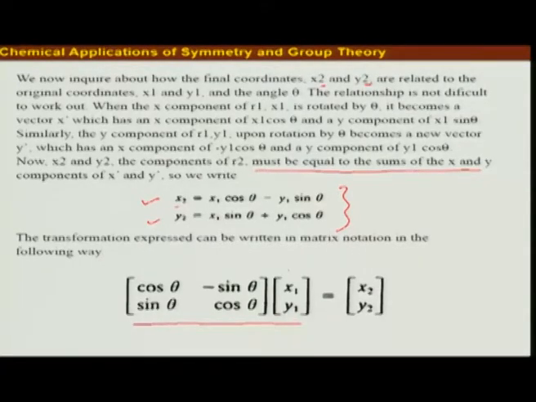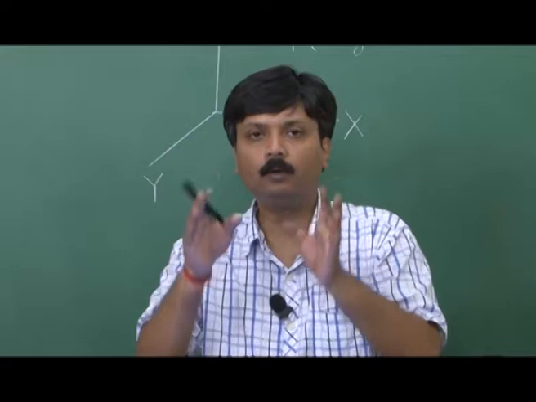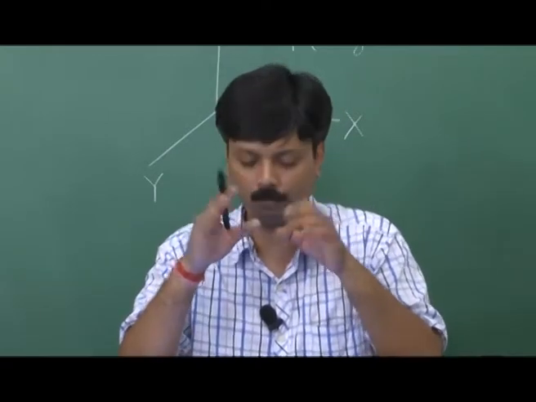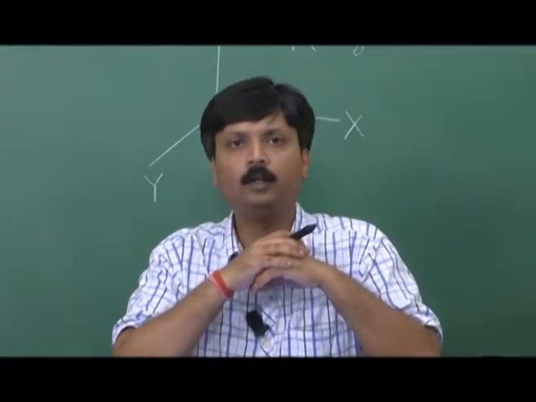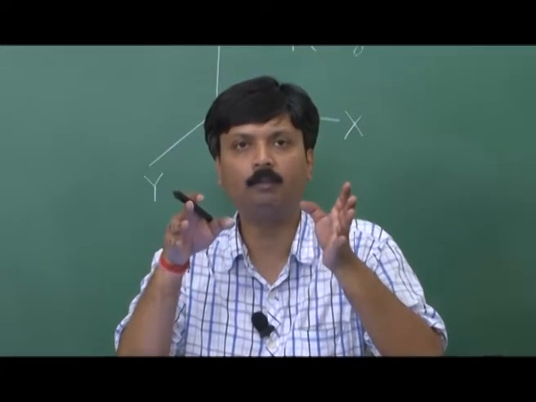Originally you had x1 y1 as your column vector, now you have x2 y2, and this is the matrix which you have to apply on the x1 y1 column vector so that you get the x2 y2 column vector, right? So in a sense, this 2 by 2 matrix on your screen represents the empty space that was left when we started forming the matrix for Cn in general.